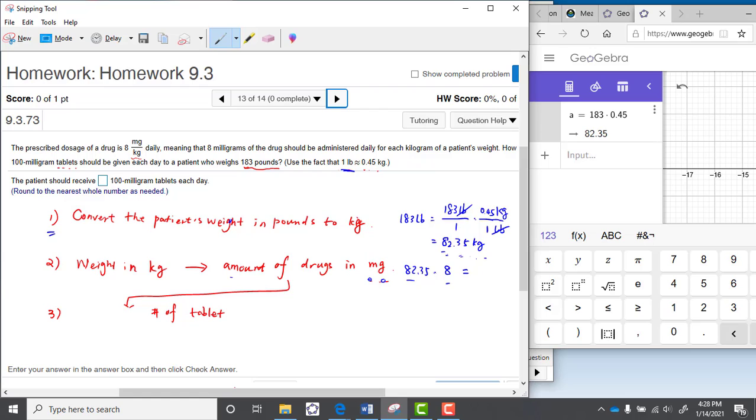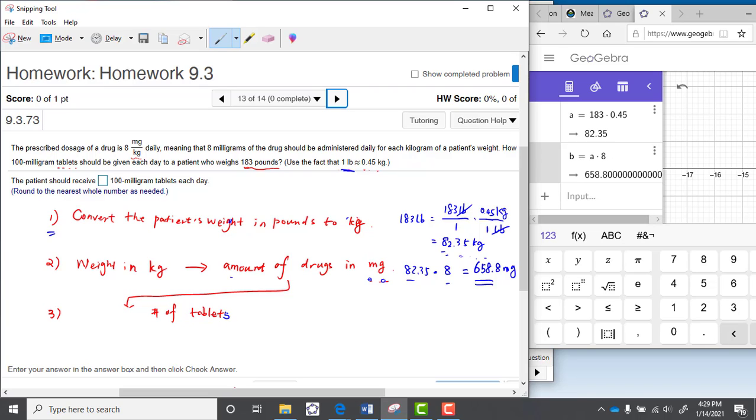From GeoGebra, we already have the 82.35 there, so we can just use the letter A because it's already been named A. So A times 8, and that will be 658.8 milligrams.